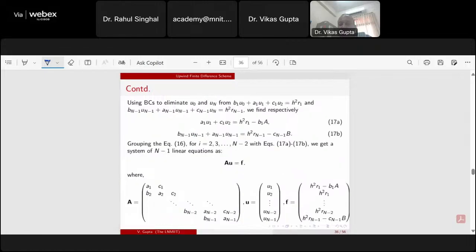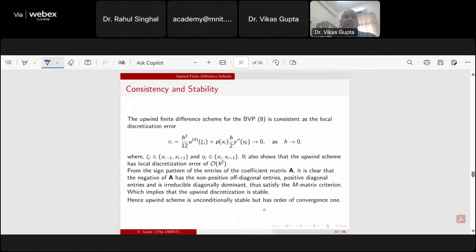It is only first order accurate, while the central finite difference scheme is second order accurate but conditionally stable. Like we did in the central finite difference scheme, ultimately we lead to this system of linear equations where the coefficient matrix A is given by this, U equal to this, and F equal to this.